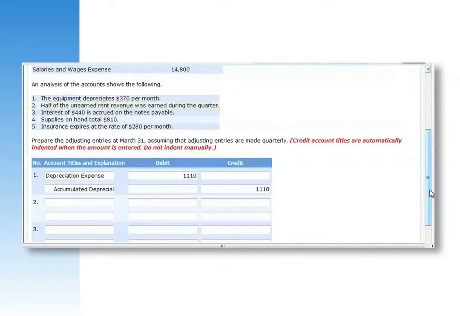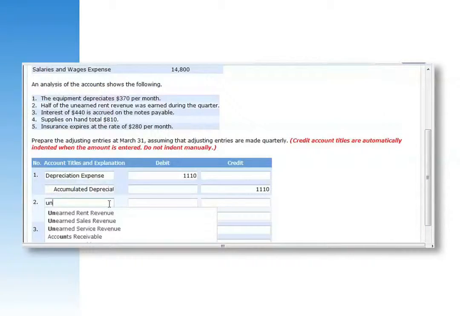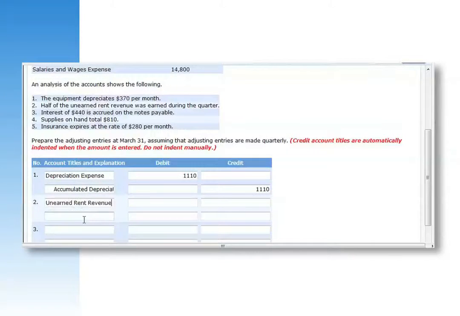So, to reflect the fact that we have earned part of this unearned rent revenue, we would debit the liability account unearned rent revenue, and we would credit the revenue account rent revenue, and the amount would be for 1/2 of the balance, which is $5,380.